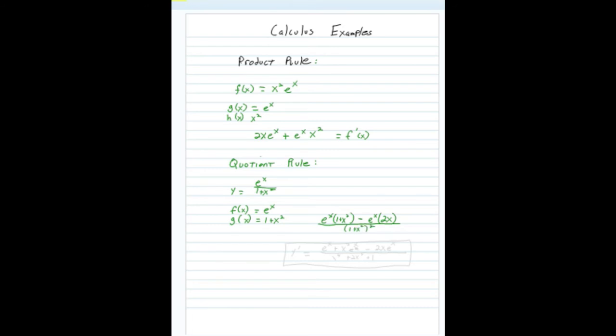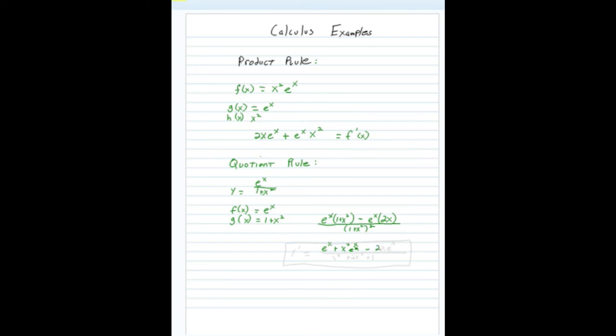And then we'd have to clean all this up algebraically. Okay. So basically the denominator is going to be x to the fourth plus 2x squared plus 1. And the numerator doesn't look like we can do a whole lot with it. Let's see what we can write here. We have e to the x plus x squared e to the x minus e to the x times 2x, 2x e to the x.